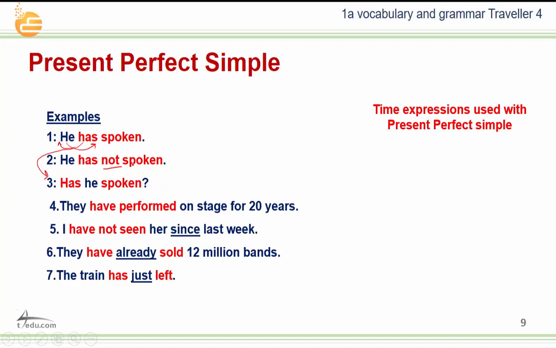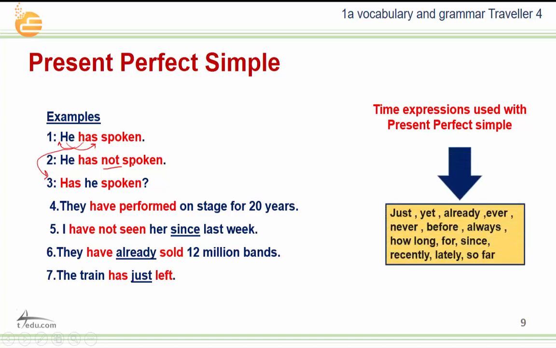Time expressions used with present perfect simple are just, yet, already, ever, never, before, always, how long, for, since, recently, lately, and so far.